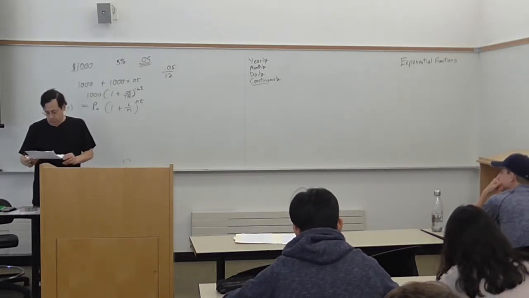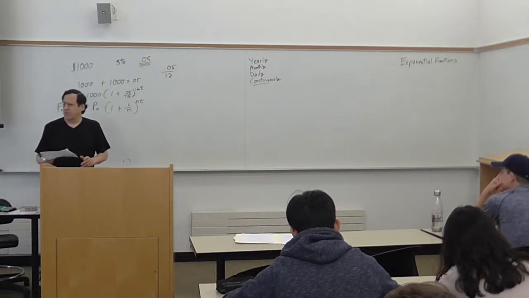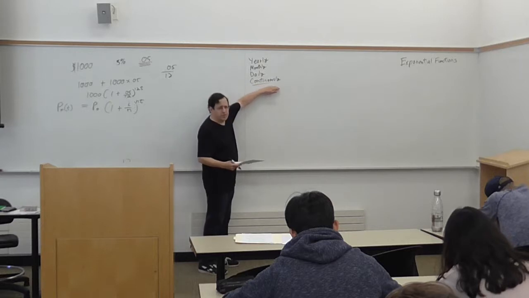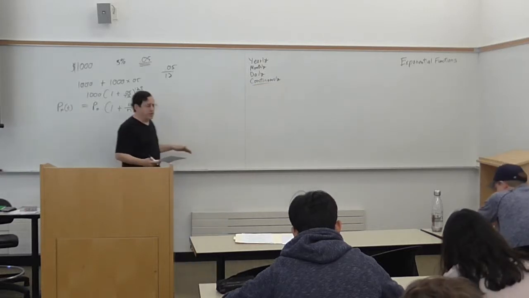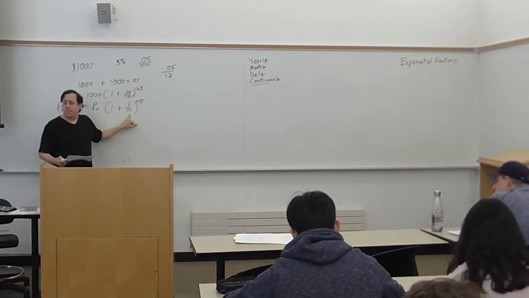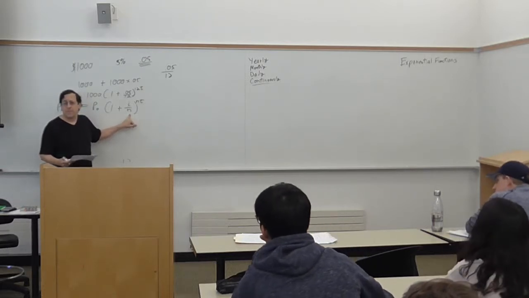Now, we'll get into the details in a bit, but what continuously means is we look at this expression and we take the n and we make it bigger and bigger and bigger.